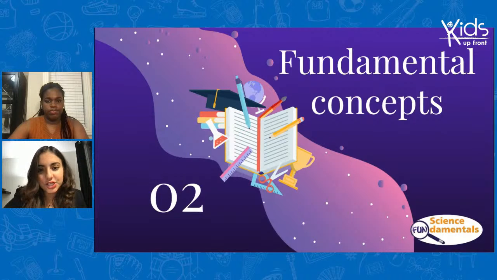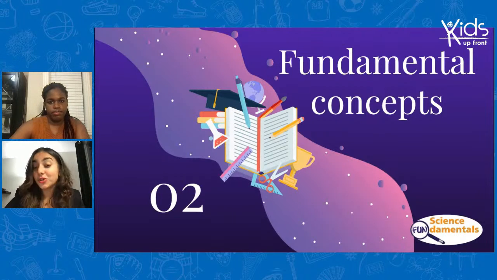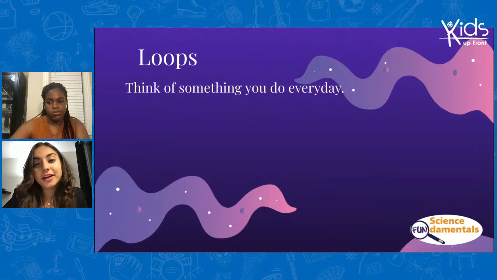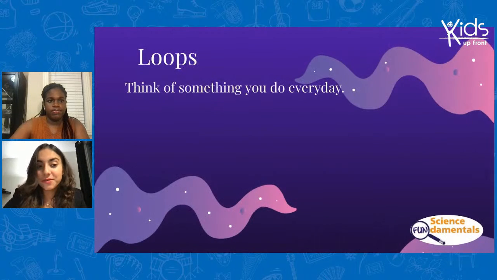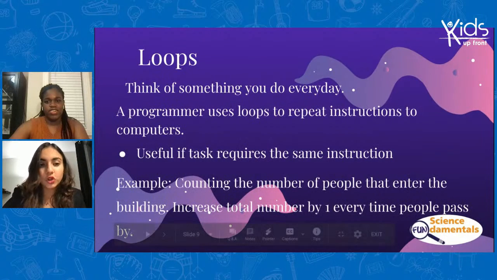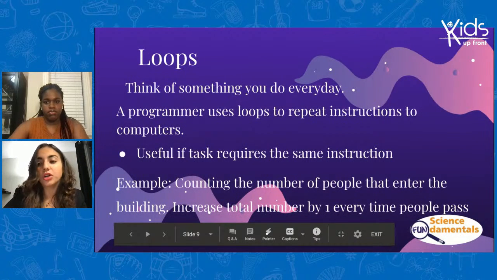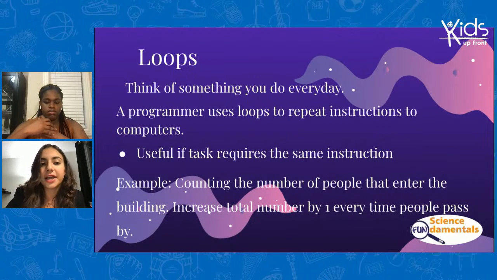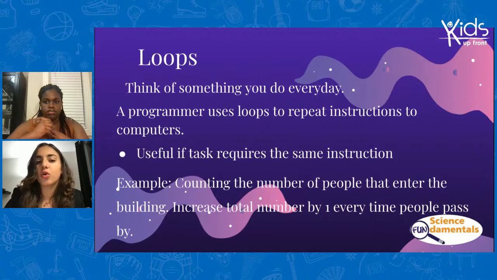All right, let's jump into some fundamental concepts that you should be somewhat familiar with by the end of this presentation. One of the fundamental concepts of coding is loops. Loops are whenever a programmer wants to repeat something. They usually repeat a set number of times from the coder or until a particular condition or end goal is met.